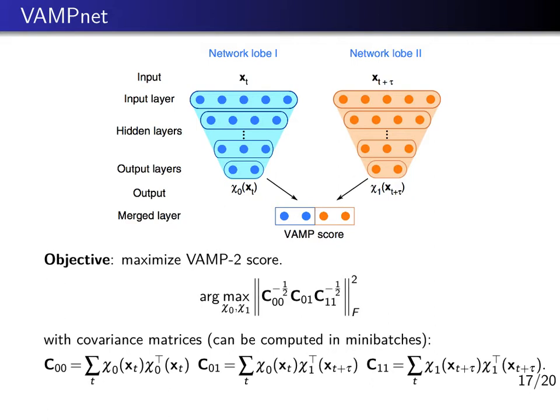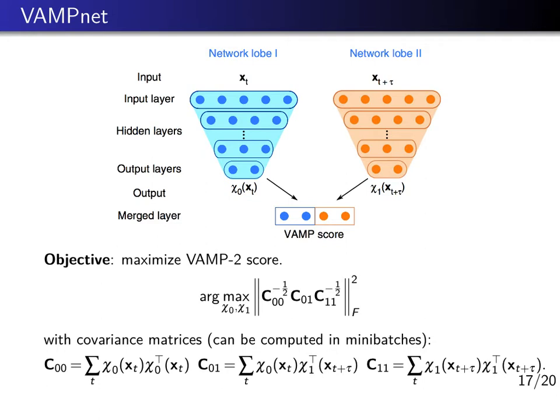The operations shown here could be poorly numerically conditioned, so especially taking the inverse of matrices C00 and C11 that are computed from small batches could be problematic, because there might be eigenvalues that are identical or close to 0, and therefore we have a problem when inverting these matrices.